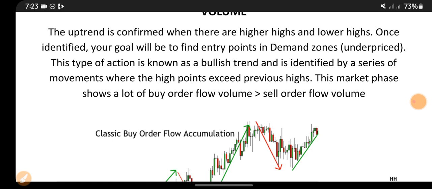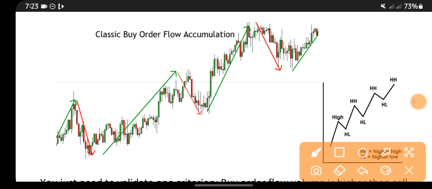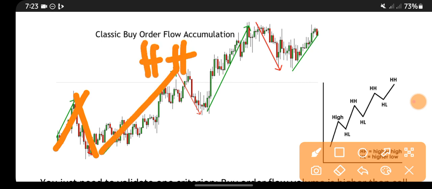So let's look at this example. This is an example of an uptrend. And why do we say this is an example of an uptrend? As you can see, the price moved up, then it came down. Now this is where the uptrend starts. It moves up again to make a higher high.